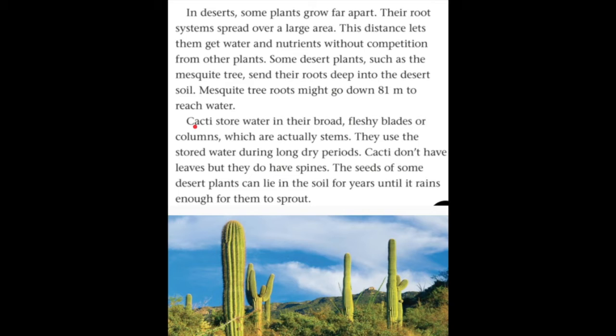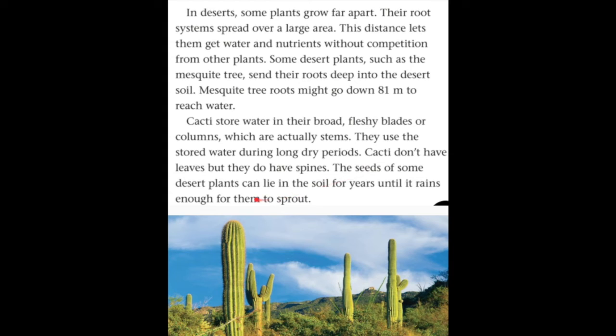And we have cacti, which store water in their broad, fleshy blades or columns, which are actually stems. They use the stored water during long, dry periods. Cacti don't have leaves, but they do have spines.